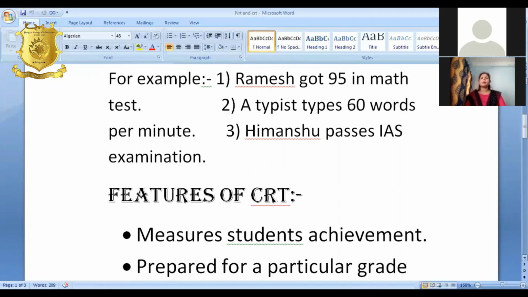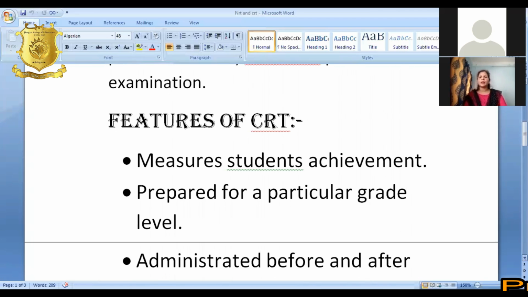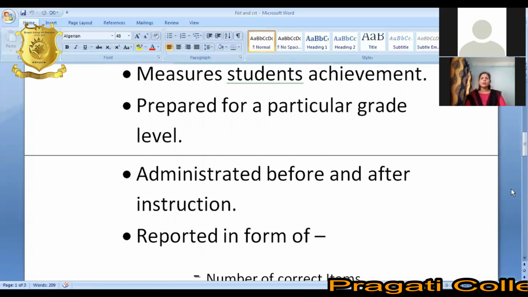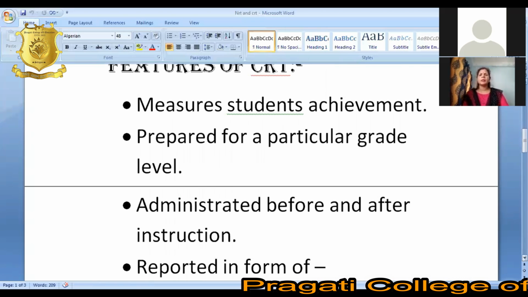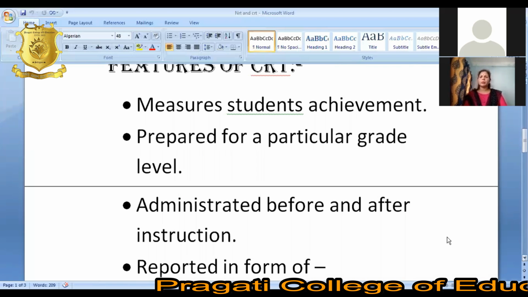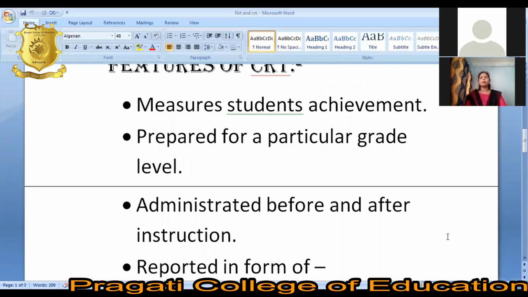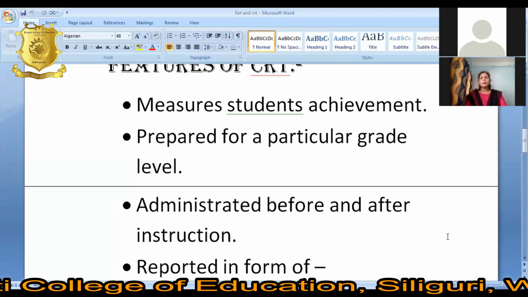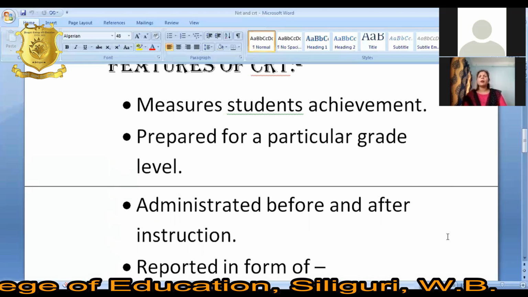Now we'll discuss the features or characteristics of CRT. The first feature is that it measures the students' achievements in terms of curriculum-based skills. The second is that it is prepared for a particular grade level or course level.